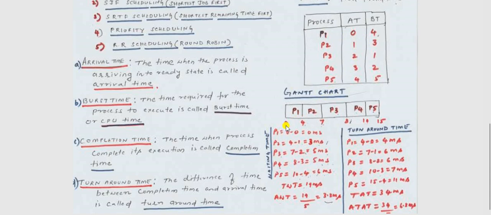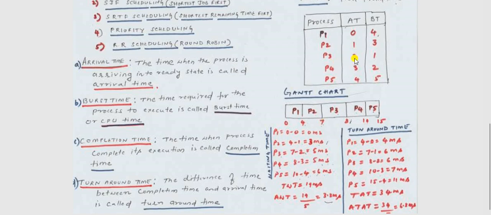In the Gantt chart its initial time is 0 and it completes at 4, so P1 is scheduled. Next P2 comes at arrival time 1, burst time is 3, so 4 plus 3 equals 7. At 7 milliseconds P2 completes its execution.